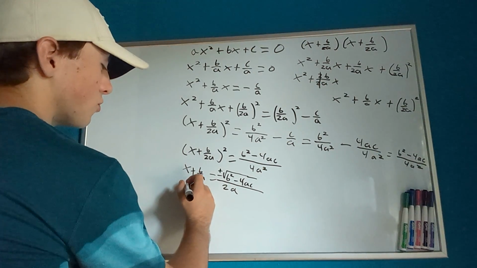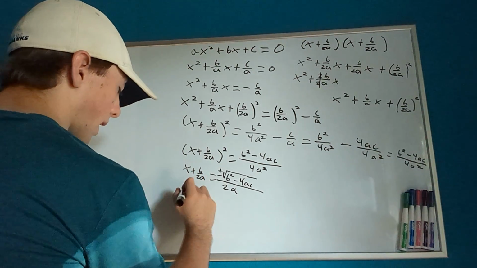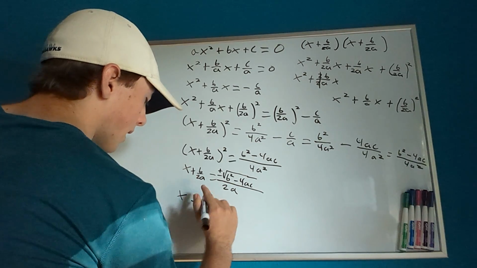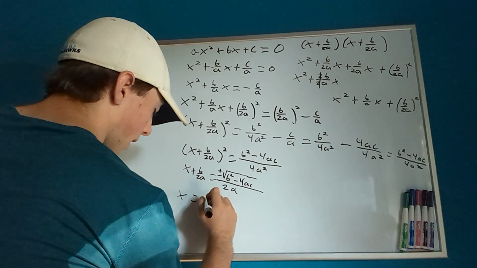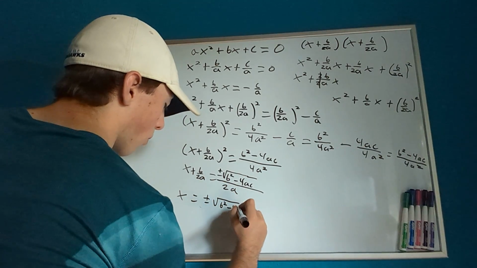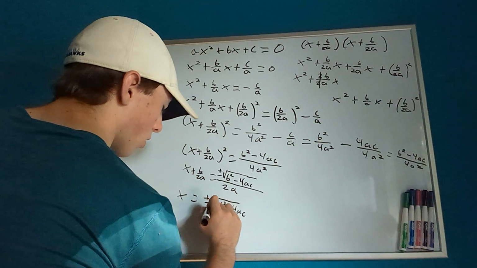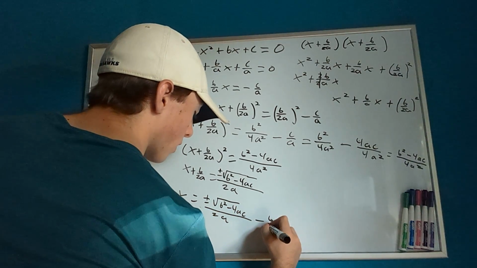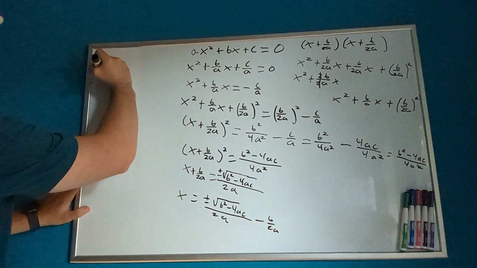But then let's subtract, let's say x equals the positive or negative square root of b squared minus 4ac all over 2a, minus b over 2a. And let's rewrite that up here.